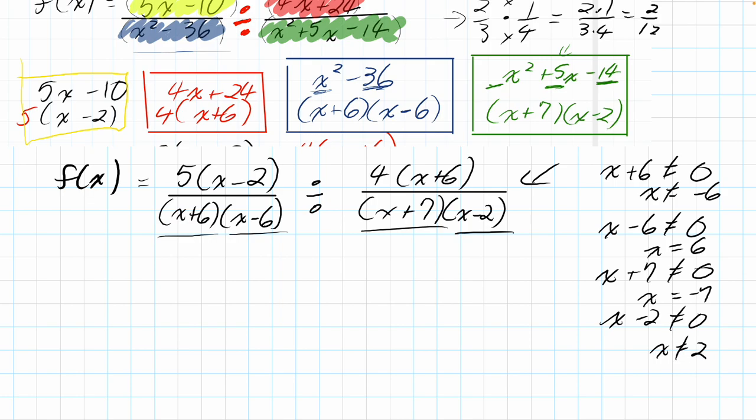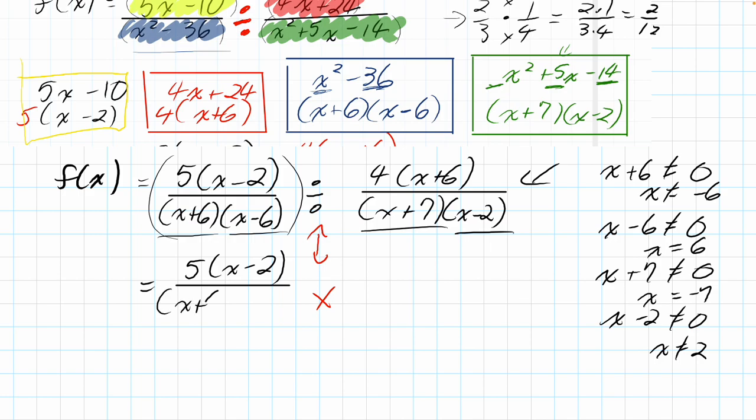Great. Now let's invert and multiply. So we're going to change this symbol to multiplication. Our first fraction, which is this big piece here, we keep it the same. We rewrite it. We got x plus 6, x minus 6. But this one we find the reciprocal, or we invert, okay? So we now flip that around. Let's make that black.